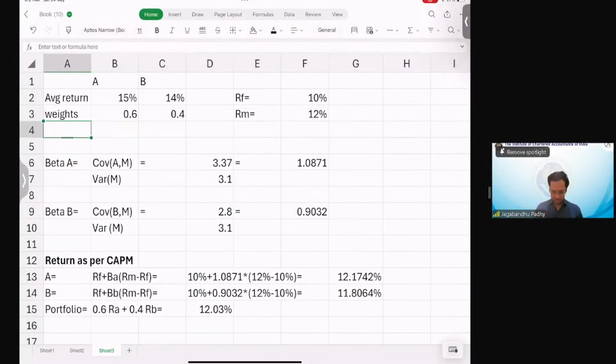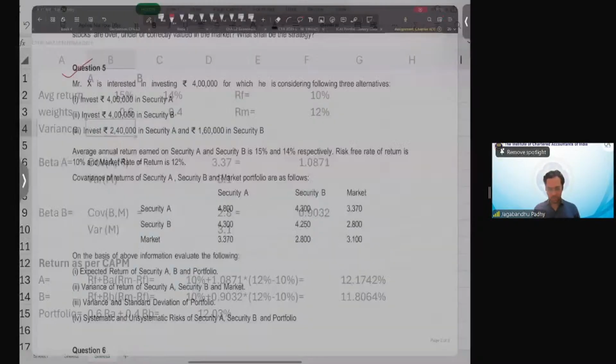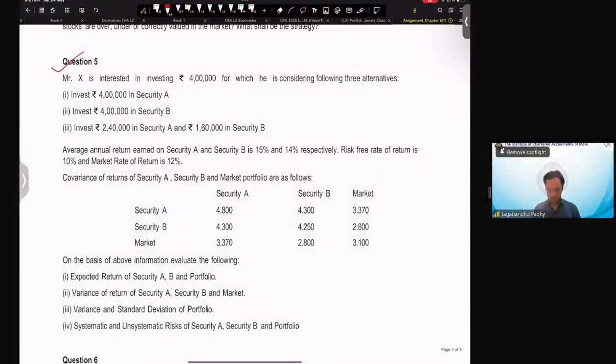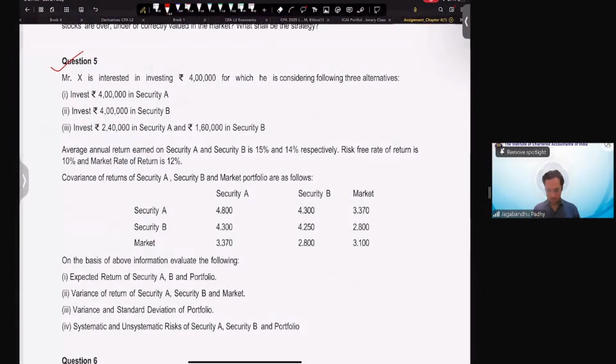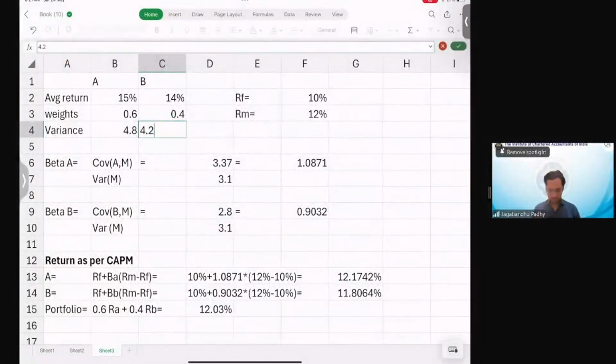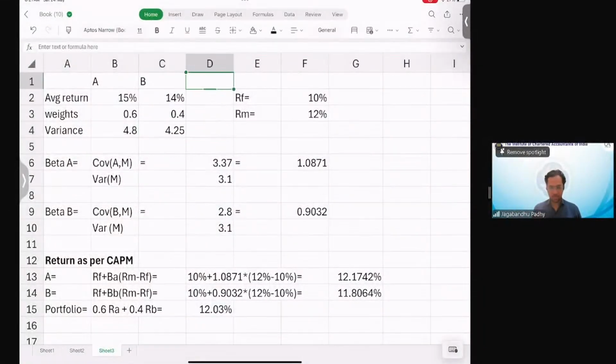Here, I'll just insert variance values. Variance of A is 4.8. Variance of B is 4.25. And we also had about the market, so market return was 12%.